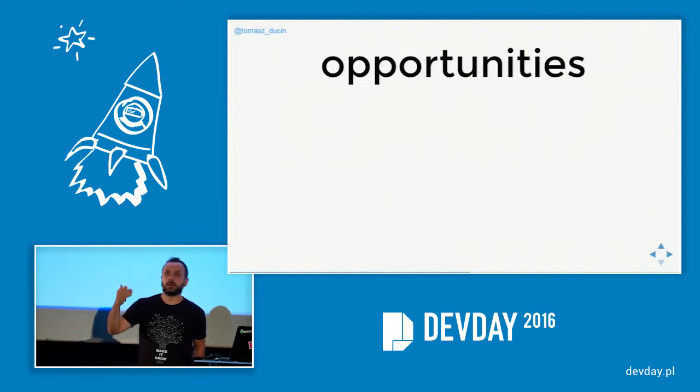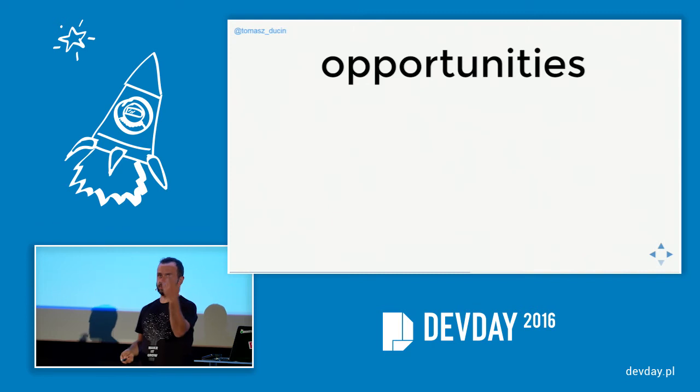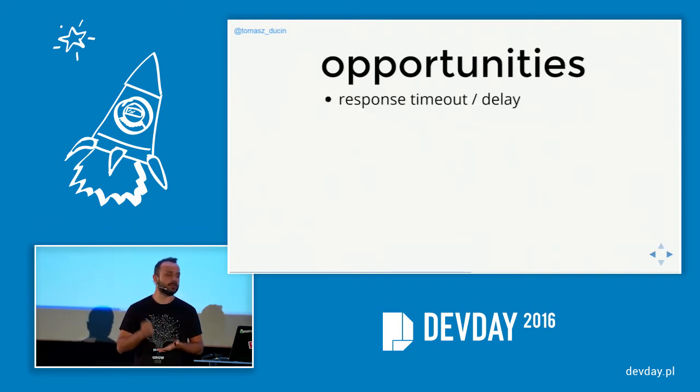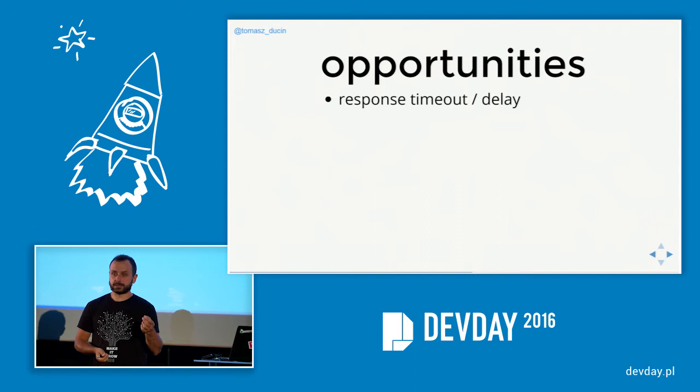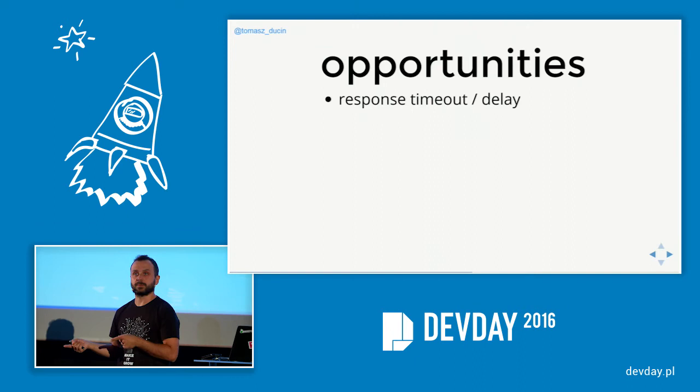So first of all, when we mock our backend, we can just return data as is. This is quite simple, but we can also simulate the response timeout or delay. When we have real applications, it might happen that we have race conditions in our front-end application, and we don't know until such a situation happens, right?